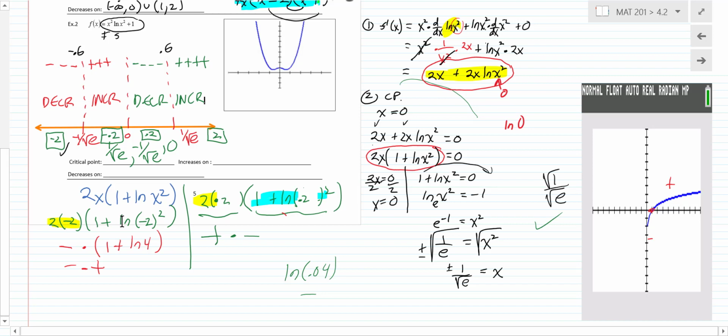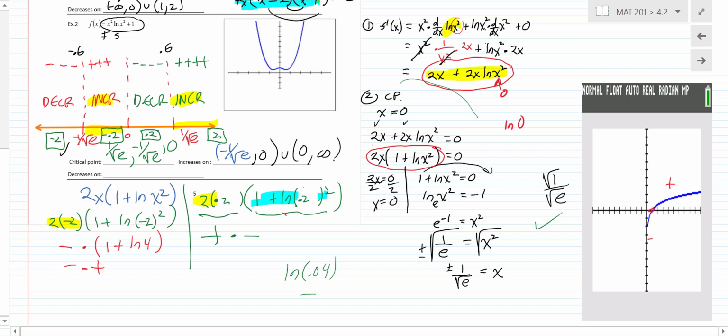Okay? All right, so what we would have then for our conclusion is we would be increasing on these two regions. We would go negative 1 over root e to 0, so we'd be in there. And then we would go 0 to infinity like that.